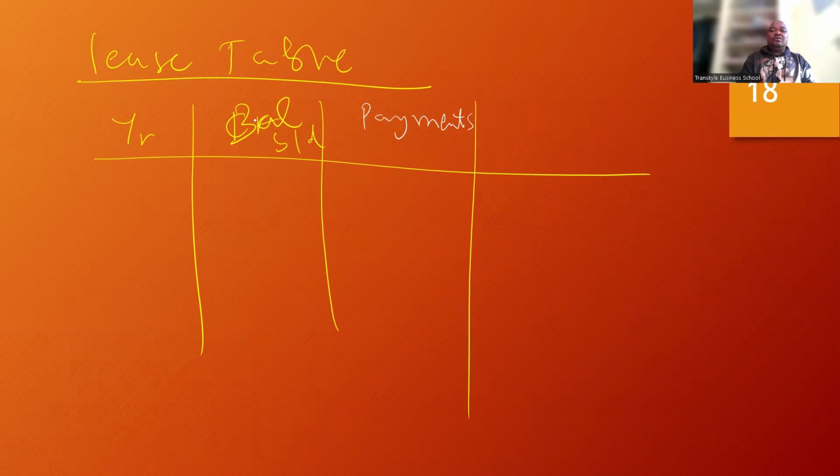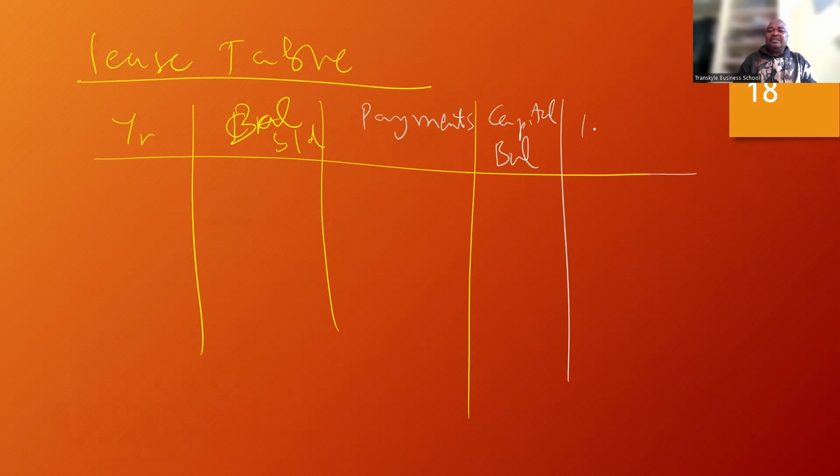All right, so we have a balance brought forward, which is the opening balance, right? And then we pay first at the start of the year. And then we move on to what can be the interim balance, or let me just say the capital balance, because we need to levy interest on the capital balance.